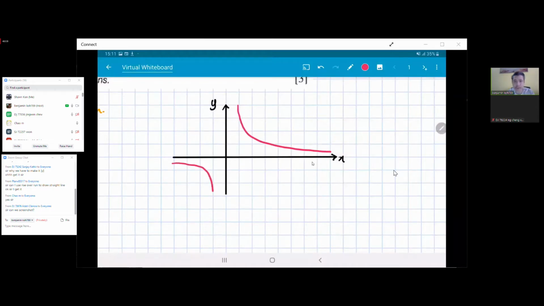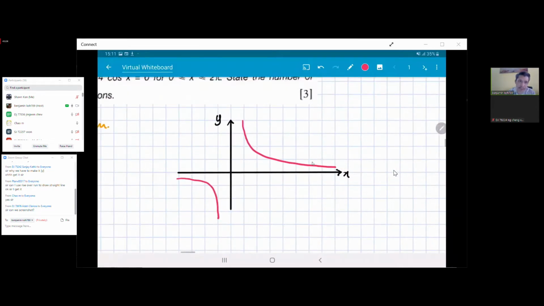So the equation of this graph can be y equal to 1 over x, or it could even be y equal to 5 over x. The point is it is over x. It is called the reciprocal graph.